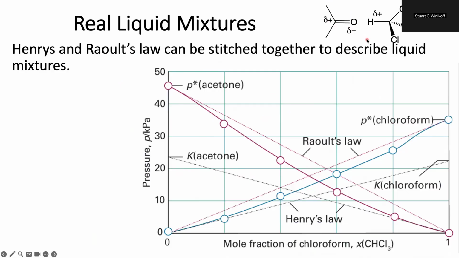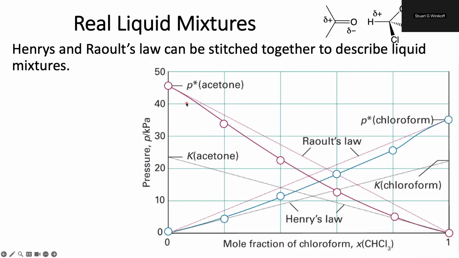Now, if I mix this with chloroform, which has a large positive charge on the hydrogen, and then a diffuse negative charge on the chlorines, it turns out that the mixture tends to like aggregating together much more than acetone wants to be with acetone or chloroform with chloroform because it matches the charges better. Now, this is a rare case, but it does lead to a negative deviation from Raoult's law.